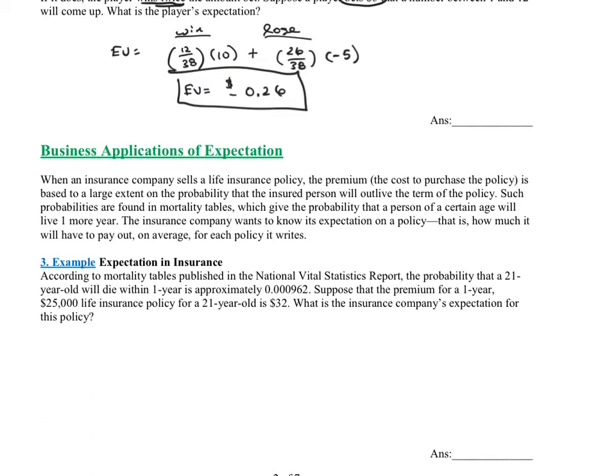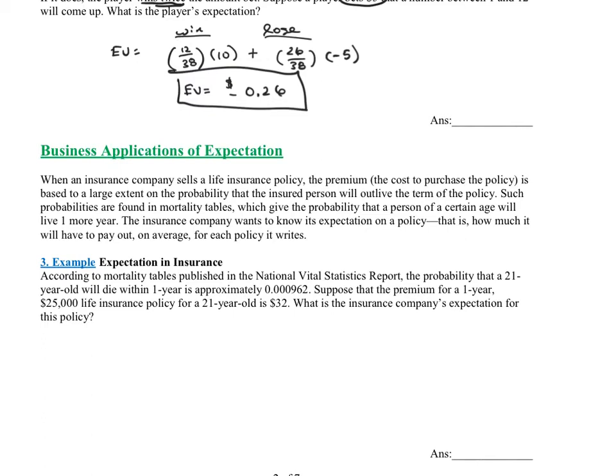So how do they determine how much you pay for that insurance? Well, they have these people called actuaries, and the actuaries are statisticians who look at the data. So for instance, let's say a 25-year-old male who wants car insurance.